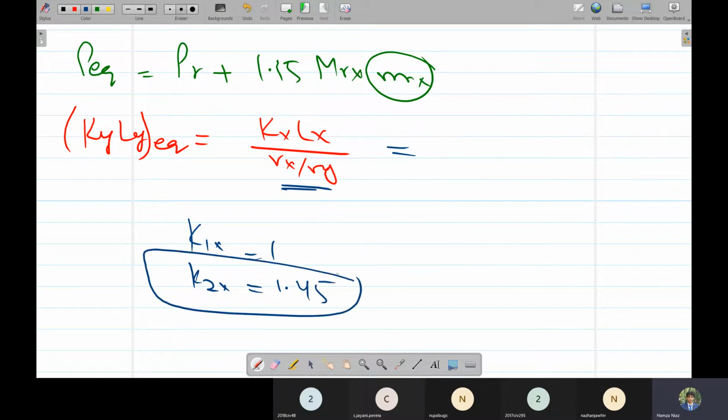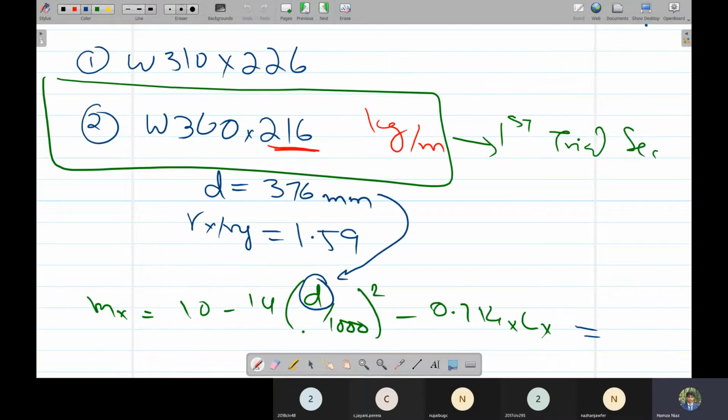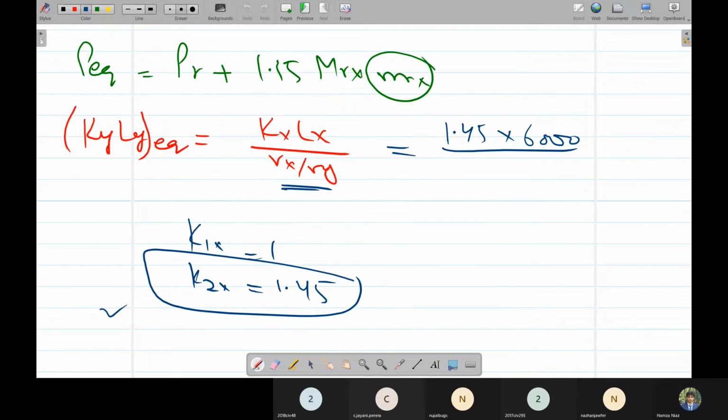So we'll select the larger one: 1.45 times 6,000, so it was 6 meter, over the Rx over Ry ratio, which was 1.5. So this way we'll get a value of about 5.47 meters. So we have KYLY equivalent at 5.47 meters.